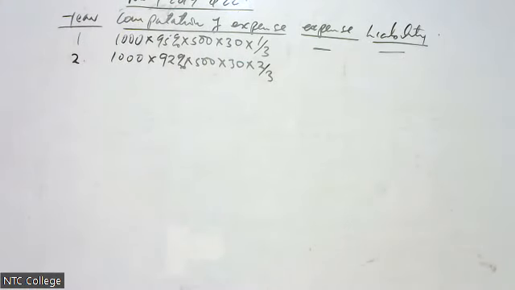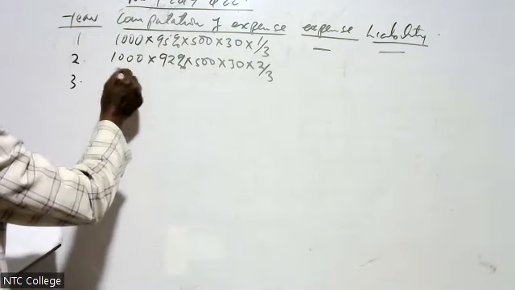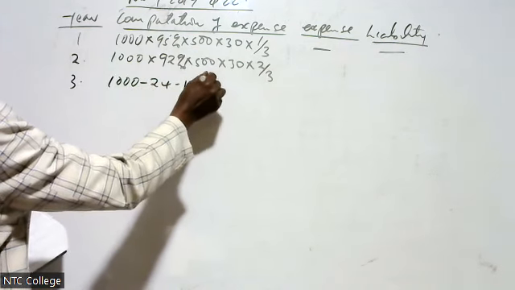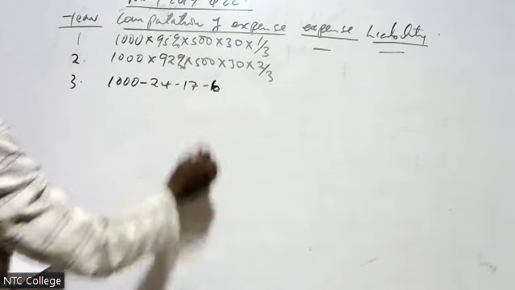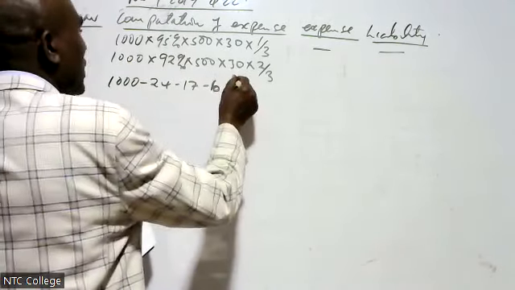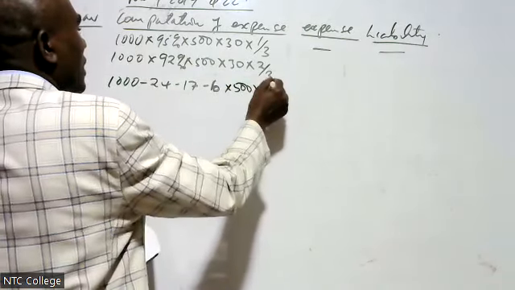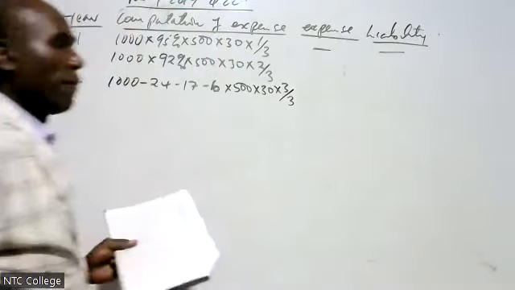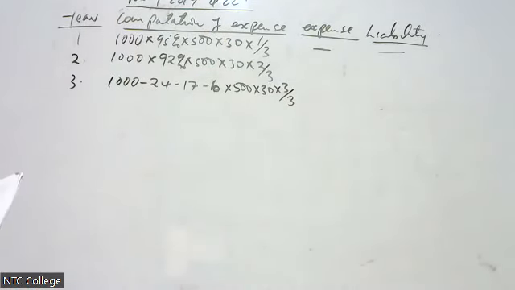When I come to year 3, now there is actual information which shows that I have 1,000, minus 24 who left, minus 17, minus 6%. Those who actually left, times 500, times 30, times 3/3. I believe you can give me the figures there.